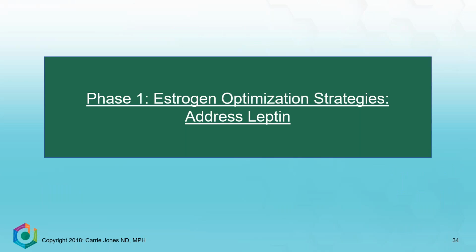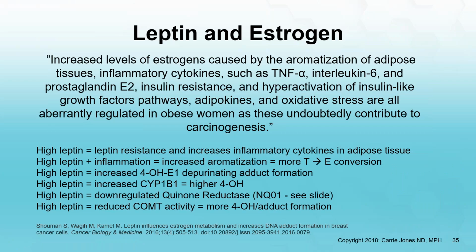All right, leptin. What is leptin? This is a really interesting quote. Increased levels of estrogens caused by aromatization of adipose tissues, inflammatory cytokines such as TNF-alpha, interleukin-6, and prostaglandin E2, insulin resistance and hyperactivation of insulin-like growth factor pathways, adipokines, and oxidative stress. I mean, that's every single bad thing in the body, right?